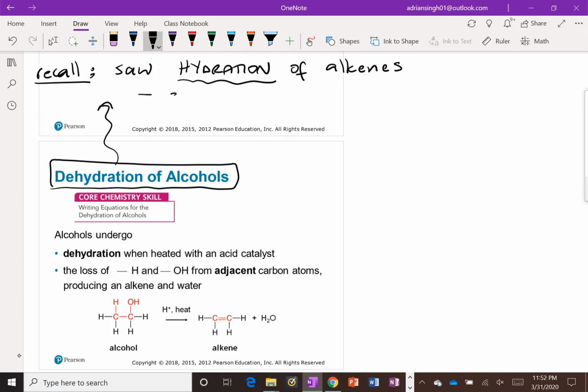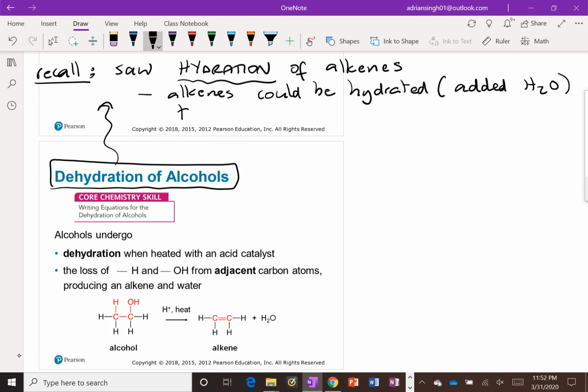And if you remember, we saw that alkenes could be hydrated, which meant that we added H2O to produce an alcohol, right? So now what we're saying is, if we have an alcohol, we could do the opposite to it.